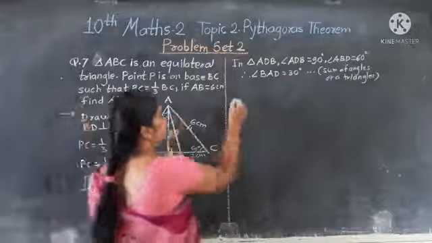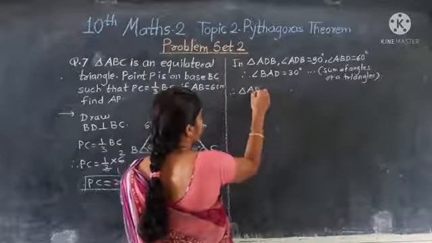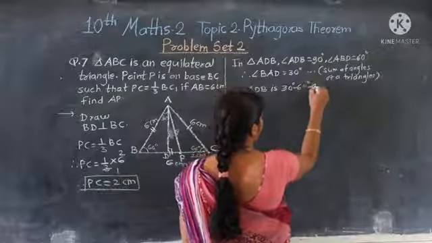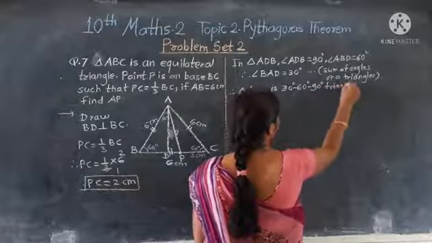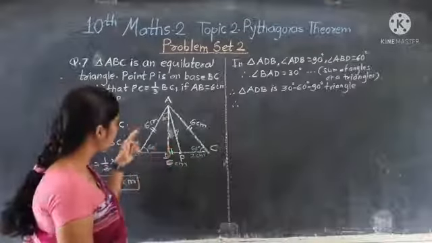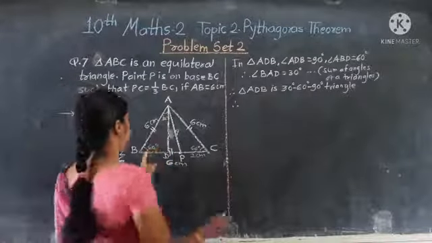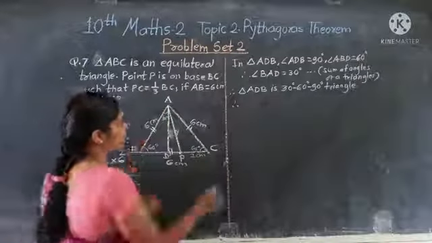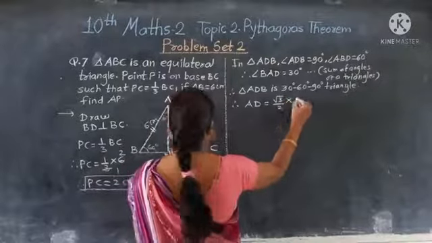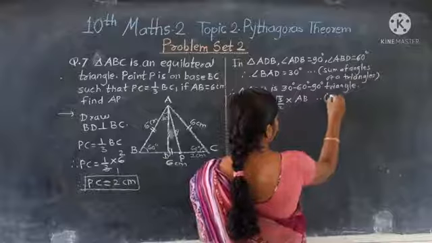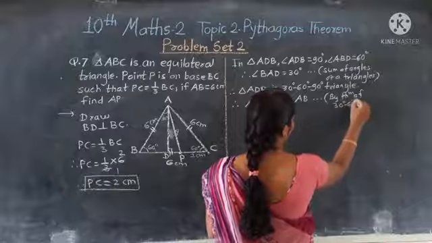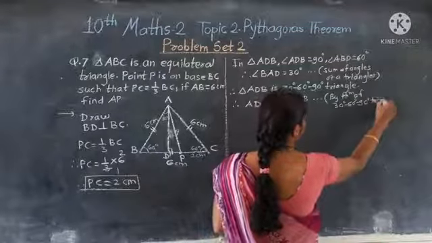So this is 30 degrees, therefore triangle ADB is a 30-60-90 triangle. Therefore, you apply this theorem: the side opposite to 60 degrees is AD. Therefore, AD is equal to root 3 upon 2 into hypotenuse, which is here AB, by the theorem of the 30-60-90 triangle.